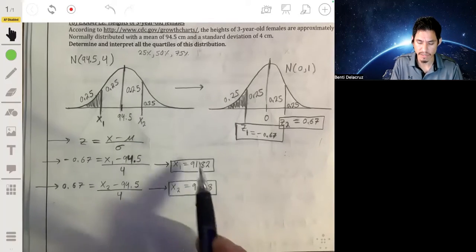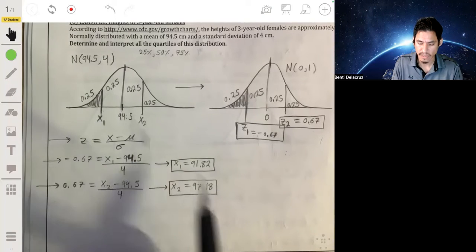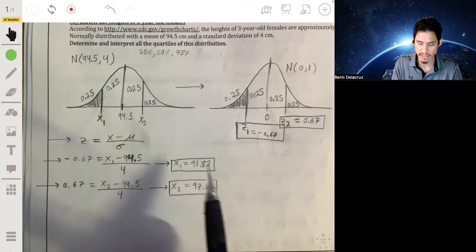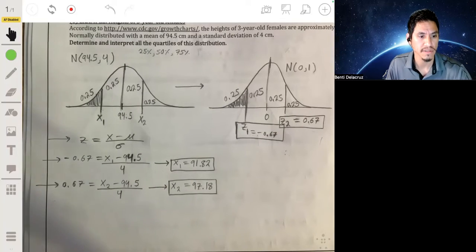Again, that makes sense because 91.82 is less than 94.5 and 97.18 is more than 94.5. They're actually the same distance away from 94.5, just in opposite directions.